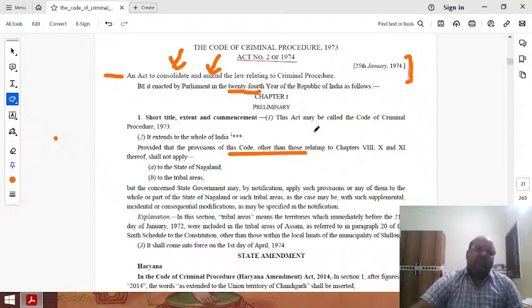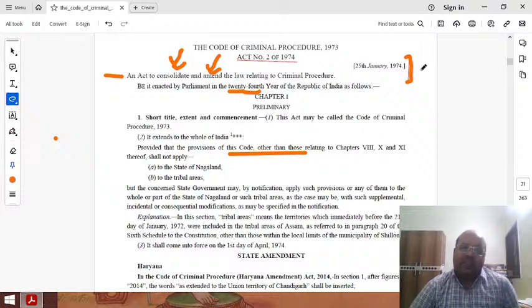Because there are two dates which are important for a student to read. First is the date on which it received the assent of the President, that is 25th of January. The second date is the date on which it came into force, and that date would be the first day of April 1974.